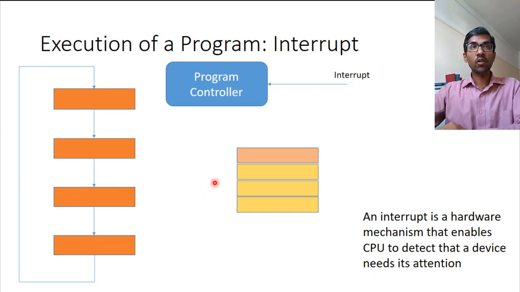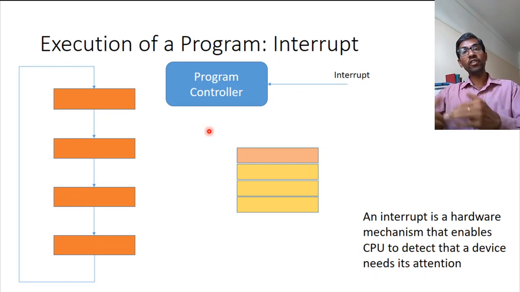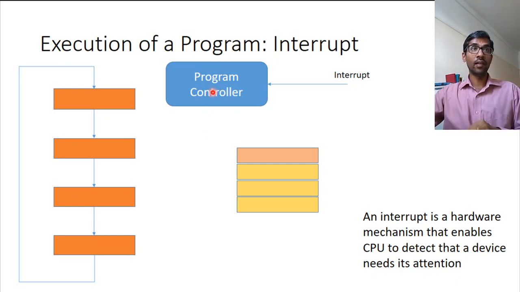Imagine that you have something called a program controller in the microcontroller. Every microcontroller needs to have a program controller. What does a program controller do? A program controller just tells the microcontroller which lines of code to execute. Now, where will this code be? It will be somewhere in the memory. So the program controller tells it, at this memory location, there is a line of code.